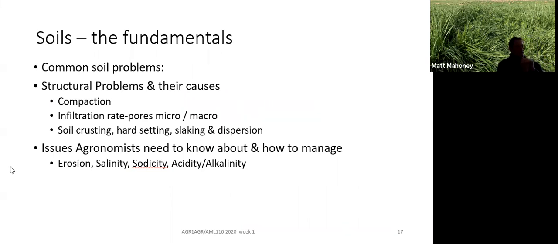Now that we've got an understanding of soils and what makes them up, we're going to go through and talk about some common soil problems that we'll come across.